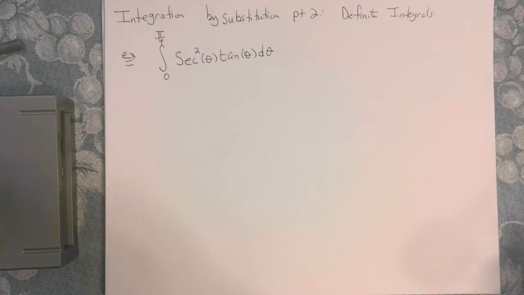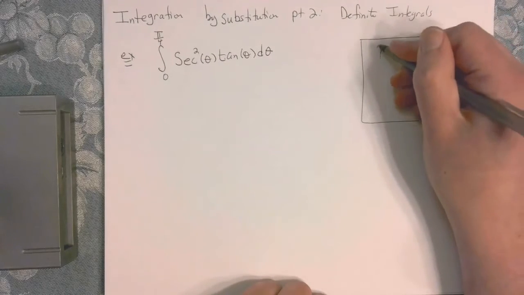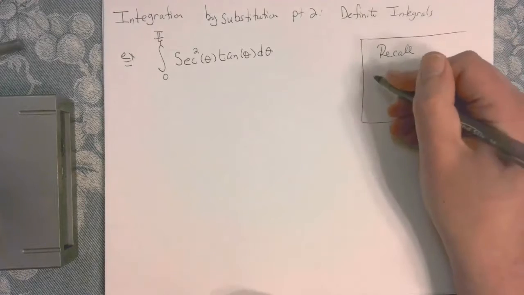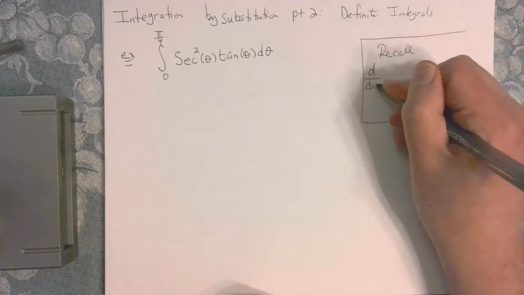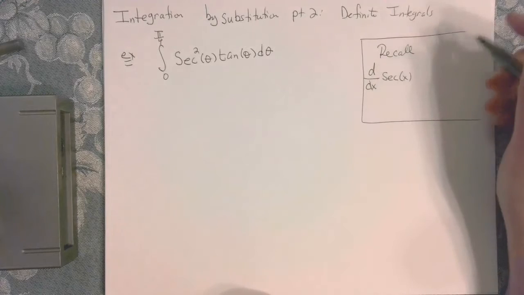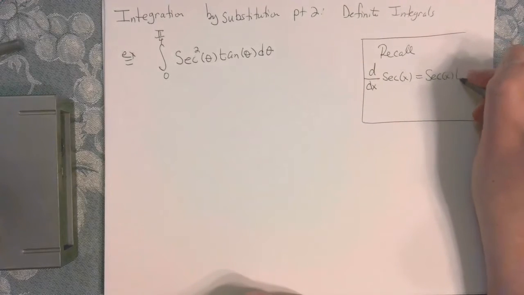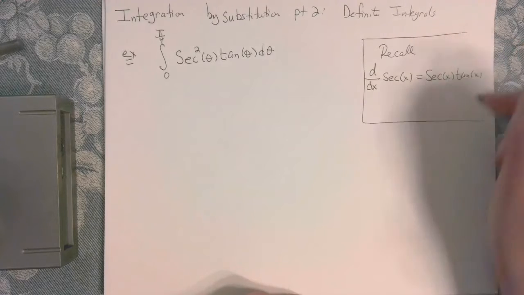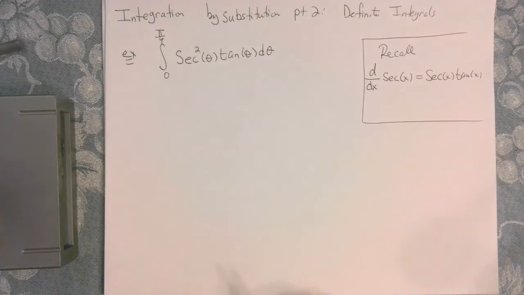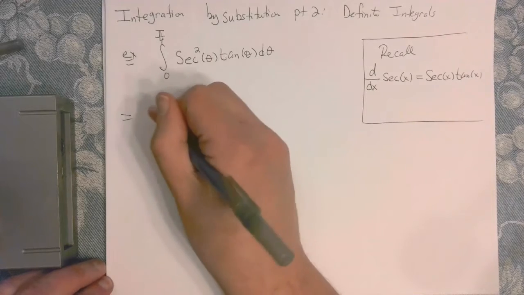Okay, so for method 1, we want to recall the following: the derivative of secant of x is equal to secant of x times the tangent of x. That's actually pretty helpful because we can take this and rewrite the integral.